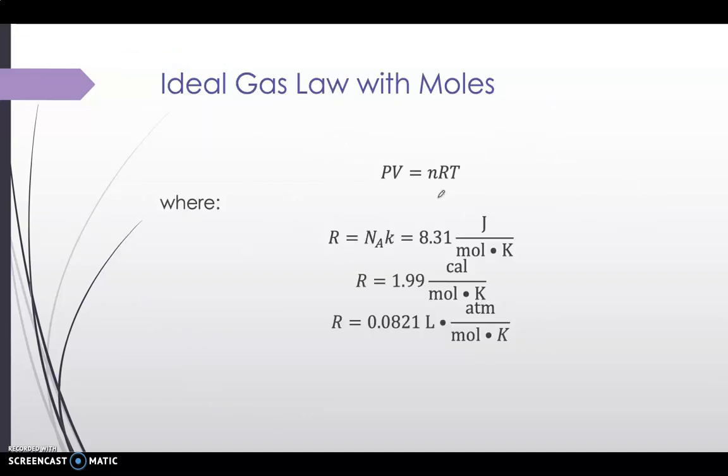Now, we can also define the ideal gas law in terms of moles, so we don't have to go in terms of molecules. That is going to be pressure times volume equals N times R times T. Now, what is this R? R is equal to Avogadro's number times Boltzmann's constant, K. There are a few different ways that we can write it, depending on what values we are given.